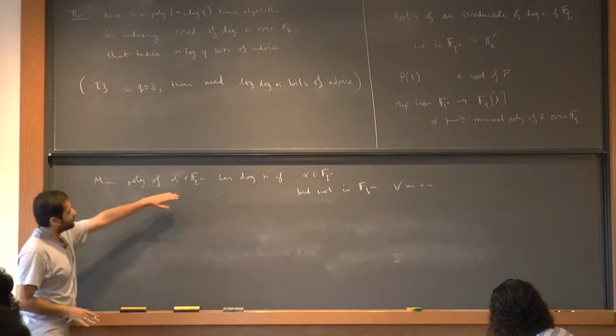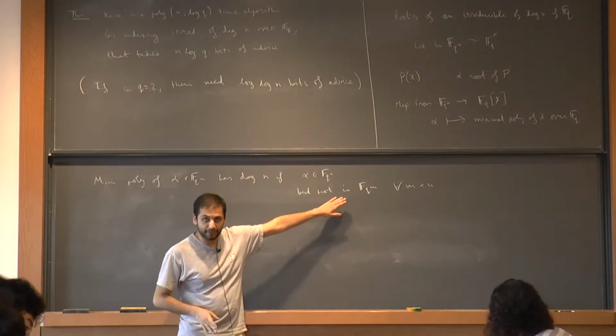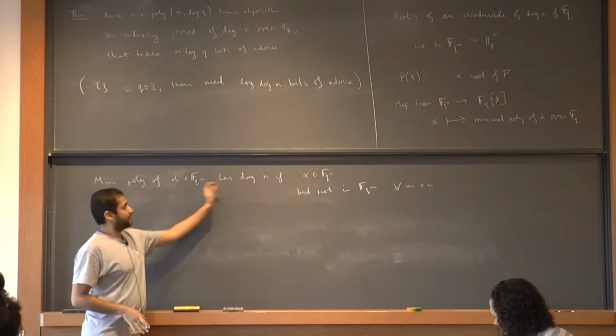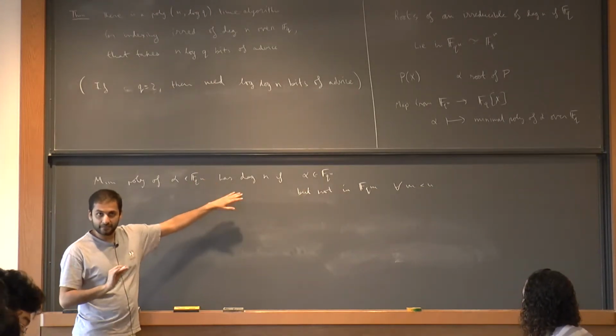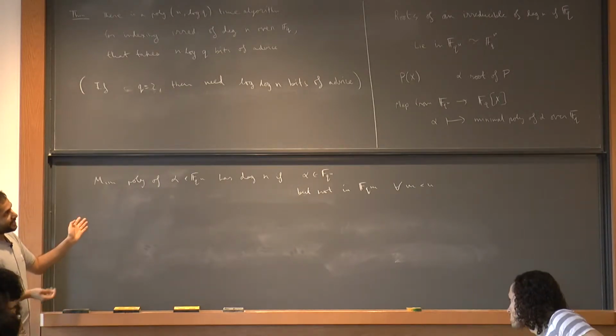So if we can get our hands on alphas which are in FQ to the n but not in any of the smaller subfields, then the minimal polynomial of alpha will have degree n. Is that okay? Then good. So suppose we got our hands on that.